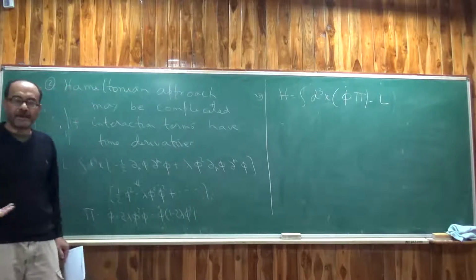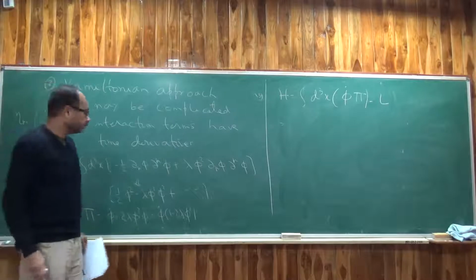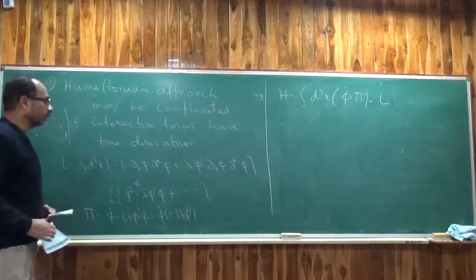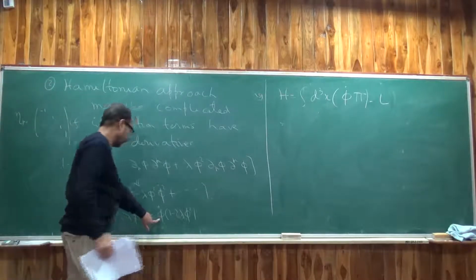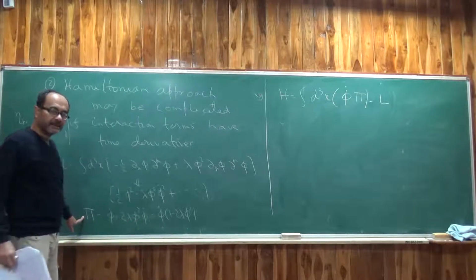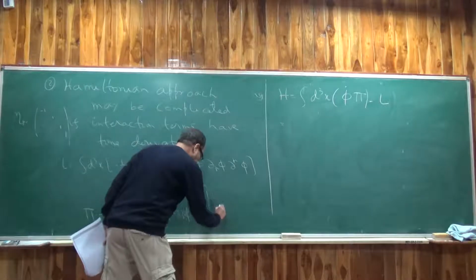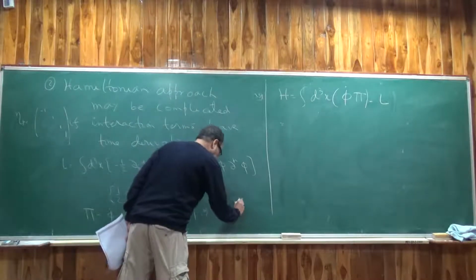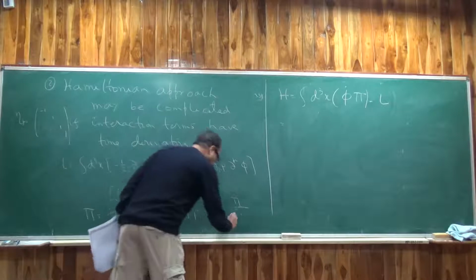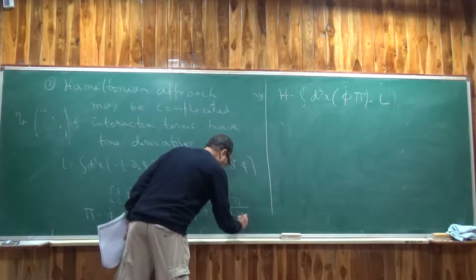Hamiltonian is always expressed in terms of pi and phi. So you will have to express phi dot in terms of pi. This gives you phi dot as pi over 1 minus 2 lambda phi square.